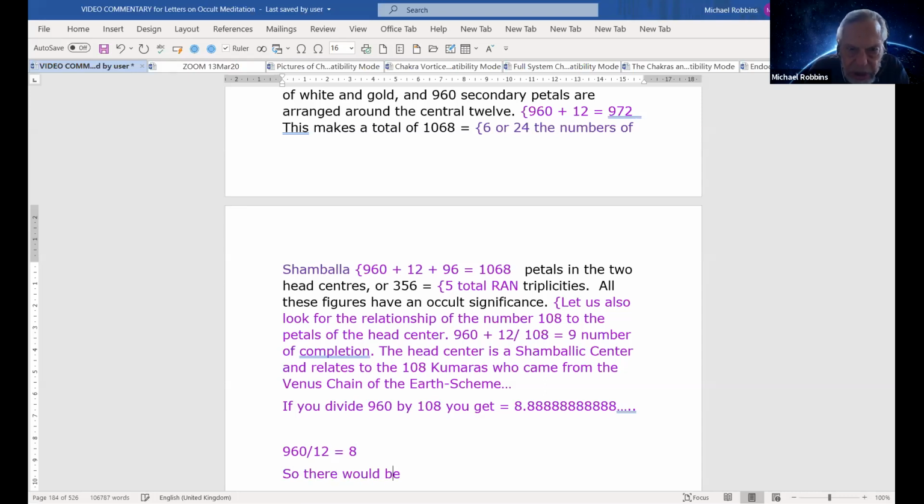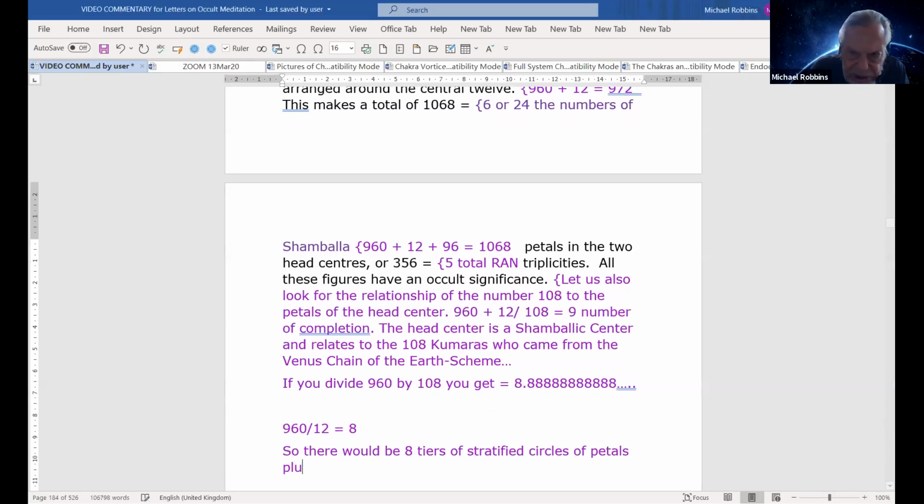So there would be 8 tiers of stratified circles of petals, plus the central 12, which would be 9. So 9 being the number of completion.